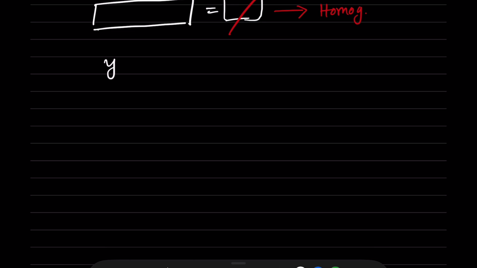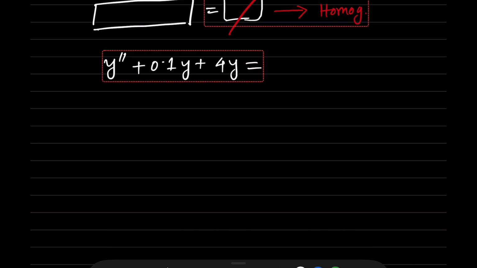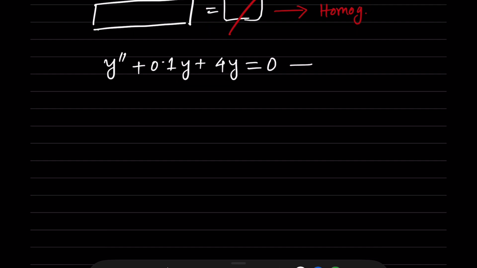Okay, so I will just write this. So let's say this is a differential equation. Can you tell what's the order of this differential equation? You guessed it right, it's 2. Okay, so now you can call this a homogeneous differential equation.